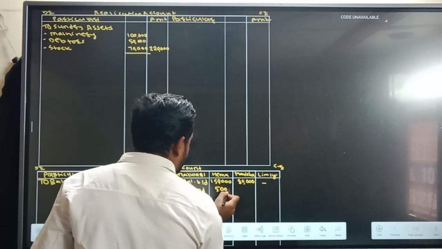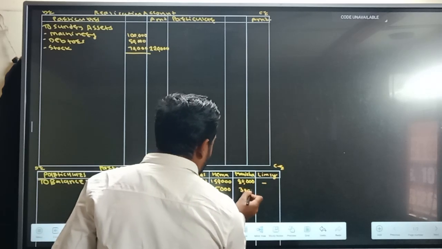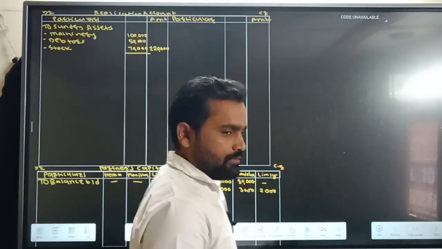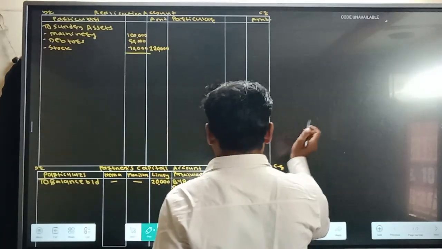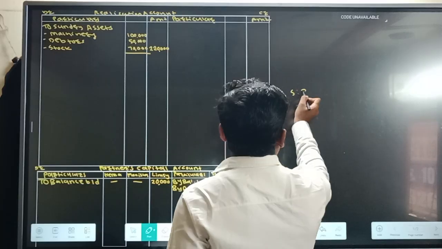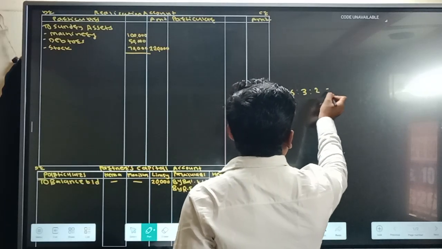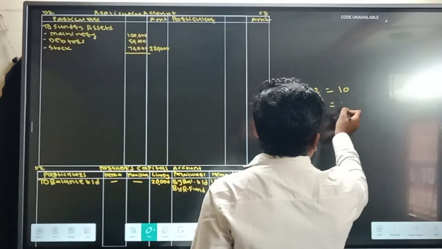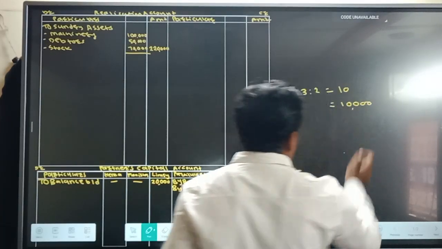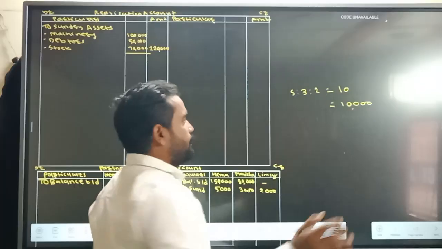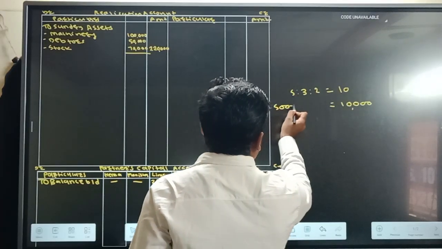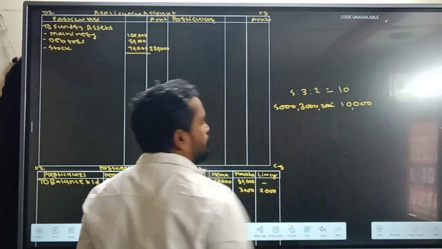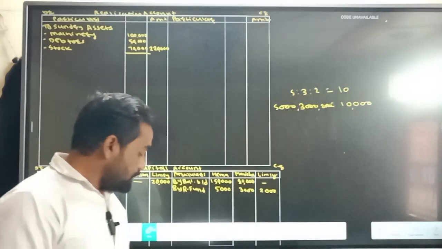The calculation is very simple for distributing the reserve fund. 5:3:2 is the ratio, total 10, and we have 10,000, so we can calculate 5,000, 3,000 and 2,000. Understood? Yes.